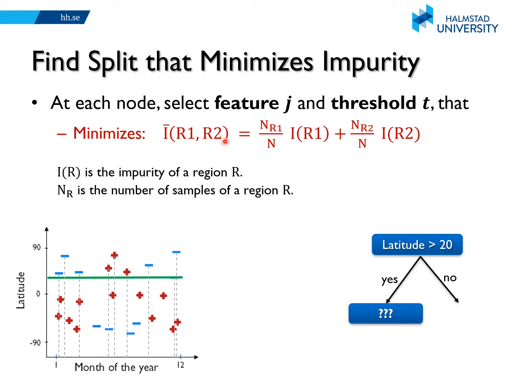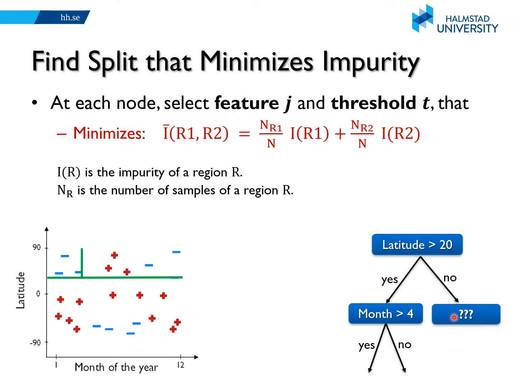Okay, and each time we compute the impurity. And we try also the other feature with different values for the thresholds. And each time we compute the impurity. And we find that this is the feature and threshold that led to the minimum impurity in the subregions that we get. So we use this.